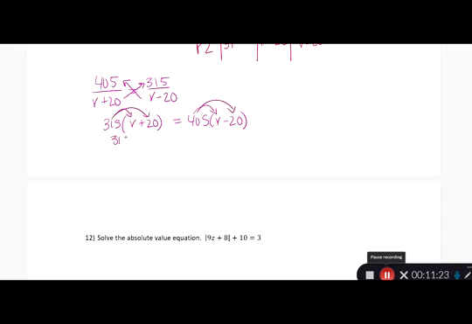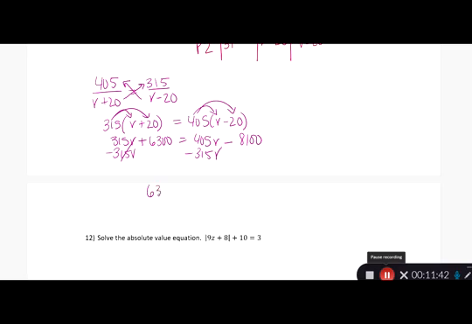So we get 315r plus 6,300 equals 405r minus 8,100. Okay, now we just solve for r. Minus 315r, minus 315r. Right, gives us 6,300 equals 90r minus 8,100, plus 8,100 to both sides.